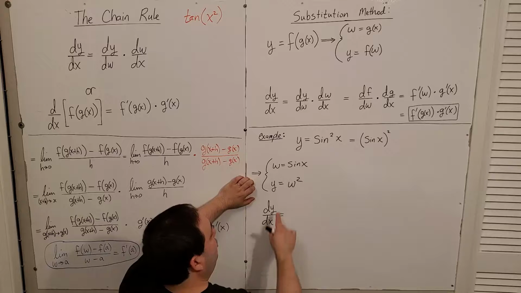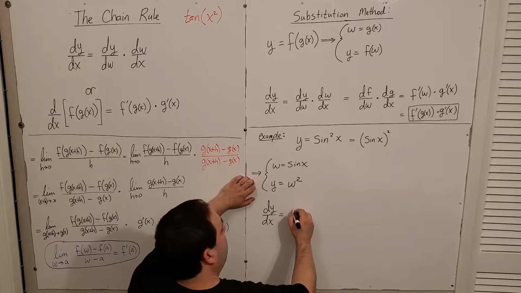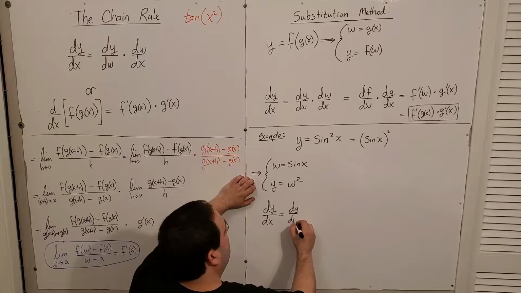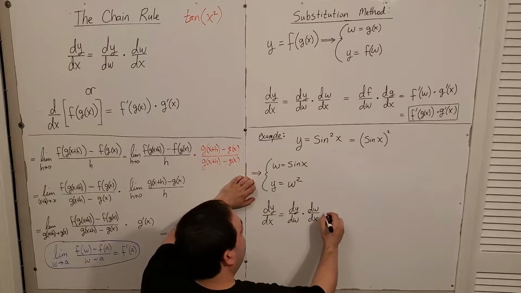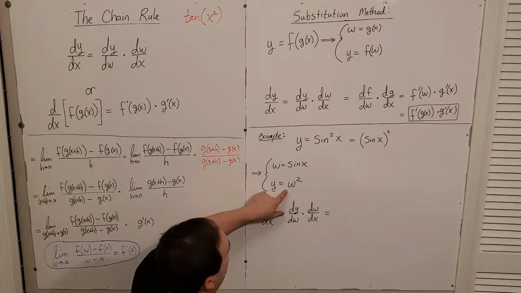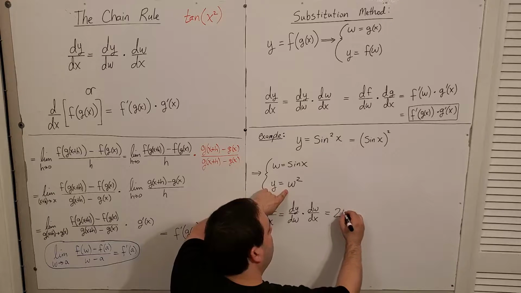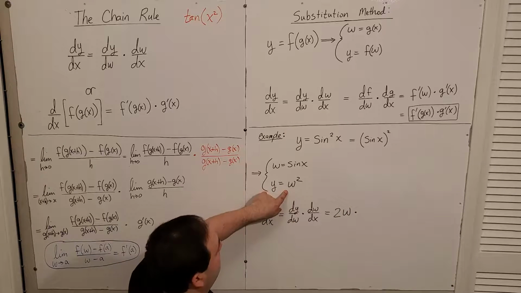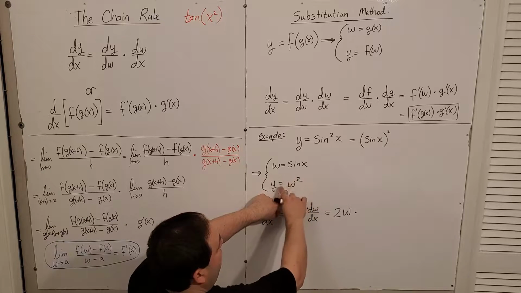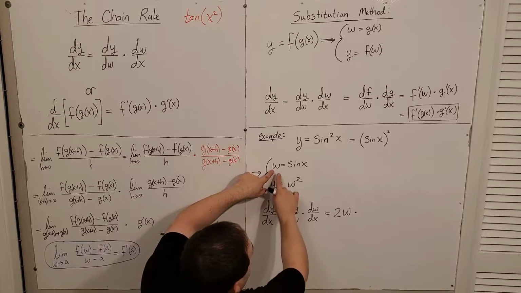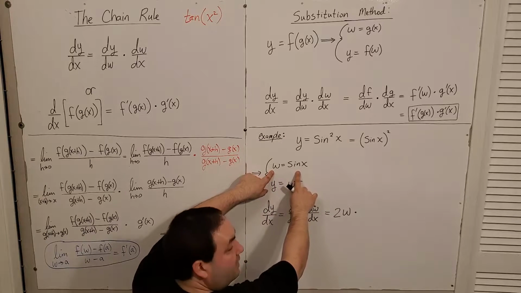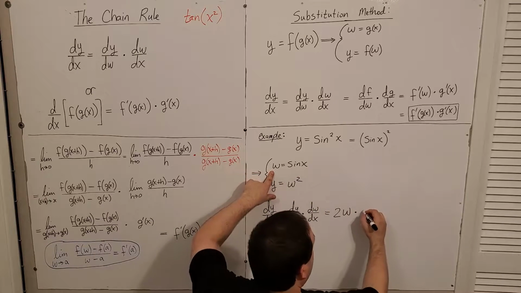Then I need to do dy dw times dw dx. Well, dy dw is just 2w, right? Because I'm just going to do the power rule, drop the 2, times dw dx, which is the derivative of sine x, cosine x.